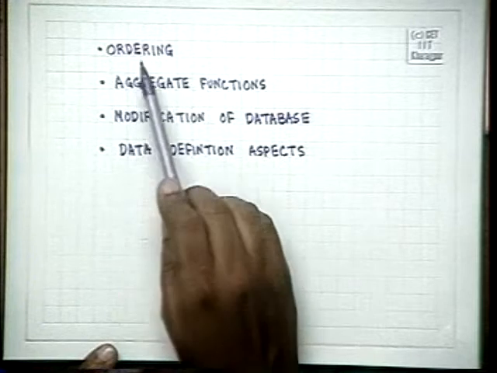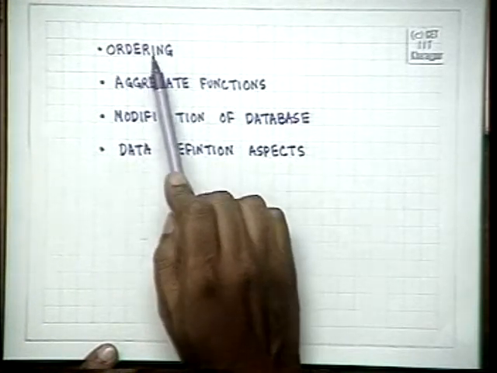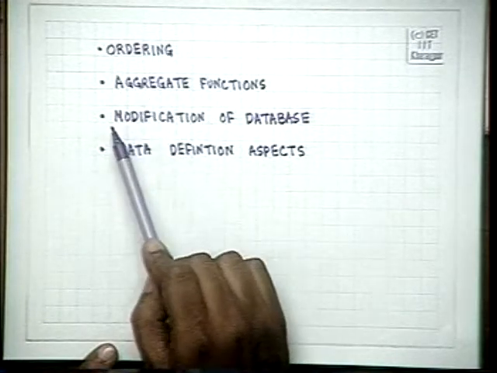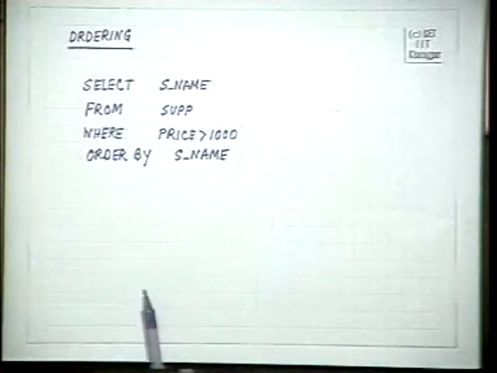So, we will first see the ordering and the aggregate functions, and after we complete seeing the ordering and the aggregate functions, then we will see these two. So, first we come to the ordering functions, and let us take an example.